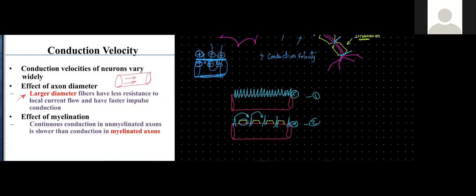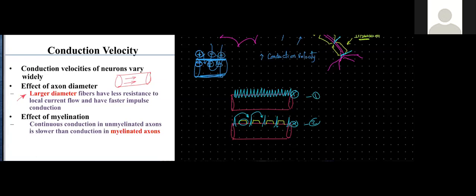So again, in number one, boom, boom, boom, many steps. For number two, boom, boom, boom, boom, boom. Which one is faster? Two. So what is the effect of the myelination here?